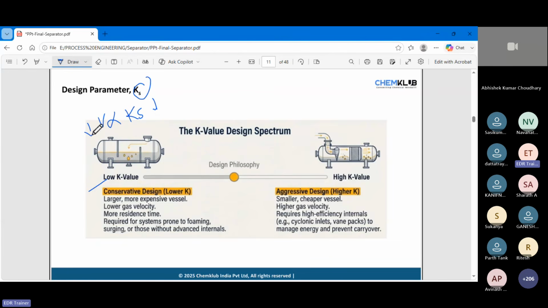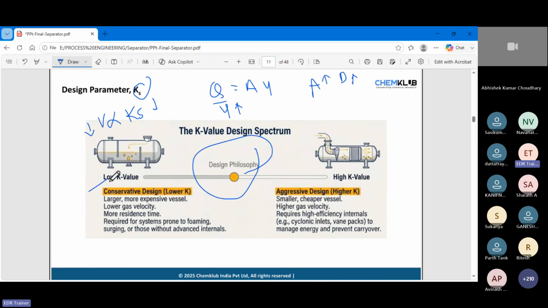If velocity is lower, the flow rate will stay the same, so area will increase. Area increasing means diameter increases. If it is a higher K value, then the vessel is smaller and cheaper, with high gas velocity. Everything is scaled down because velocity increases, and as velocity increases, the area decreases. We have to design in an optimum way.